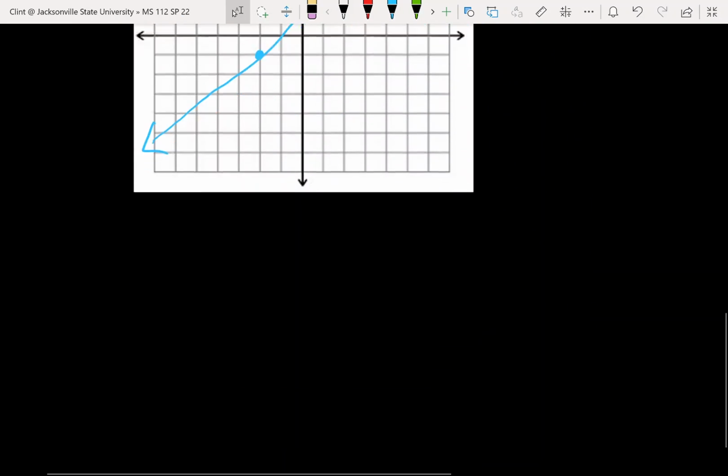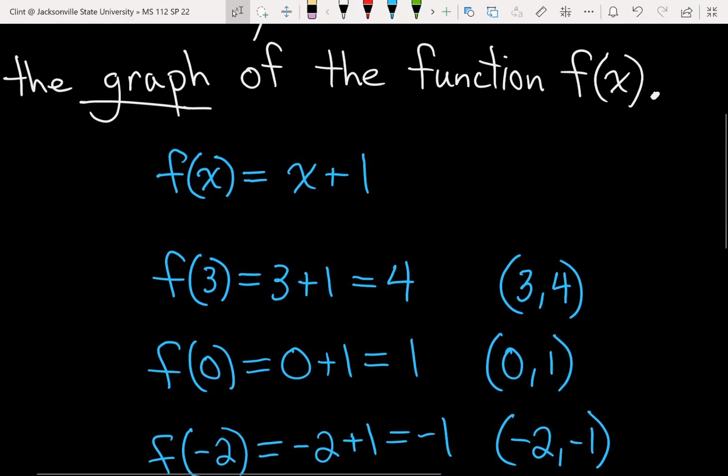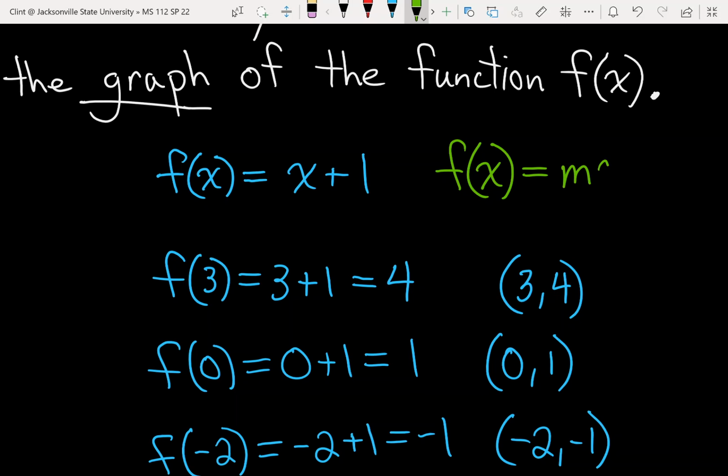Let's think about another function. Well, we can generalize this a little bit, since we've already talked about these. Anytime we have a function that looks like this, where we've got something times x plus or minus some other number, what's our picture going to look like?